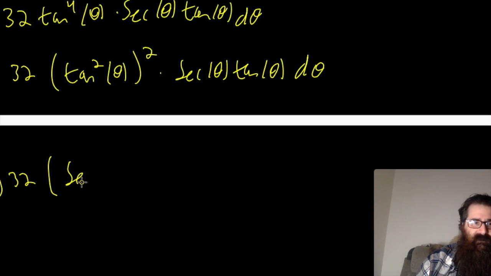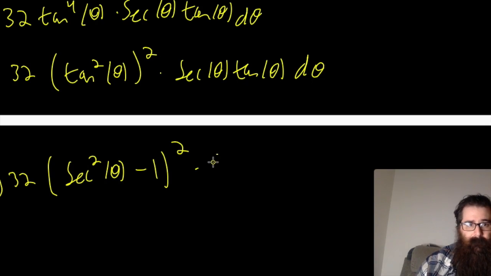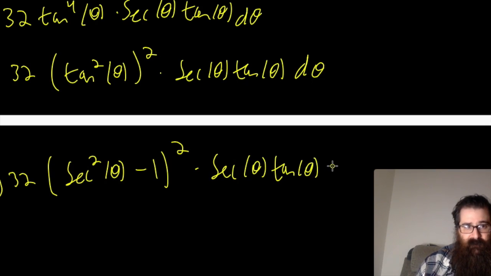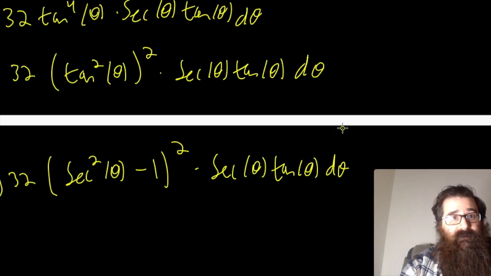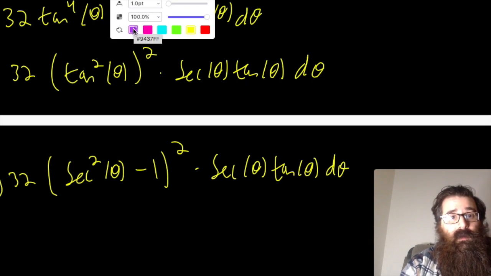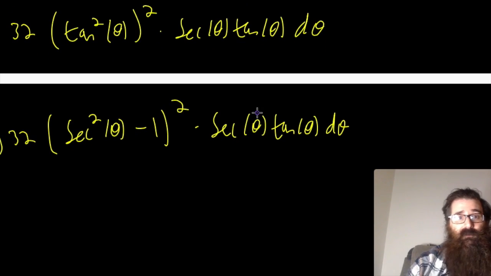So here we'll say secant squared theta minus 1, quantity squared, times secant theta, tangent theta, d theta. And I feel good about this, because now I can work with a u substitution.